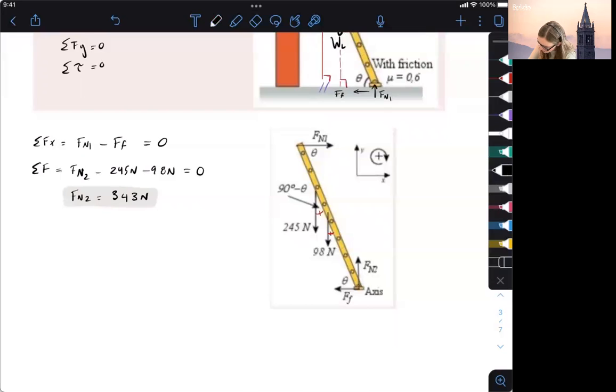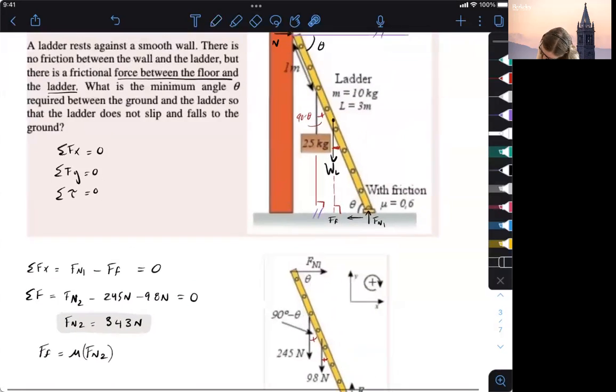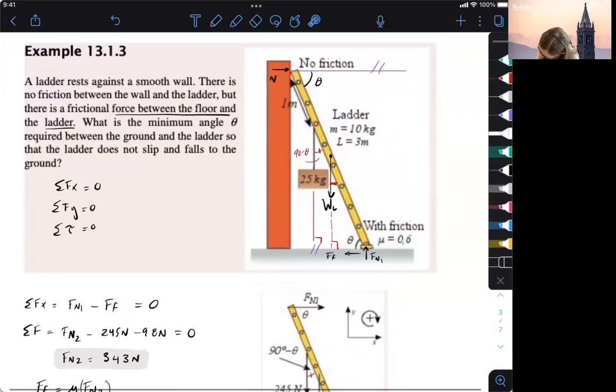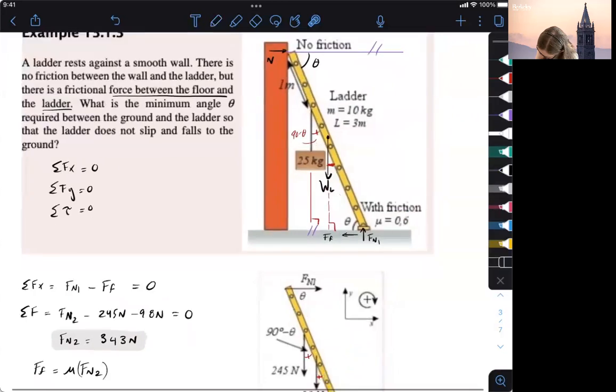But let's see, I can relate my frictional force here. Because it's acting on this surface, I have to take the normal force on its surface. I can say it's equal to mu Fn2, right? Because this is my normal force on this frictional surface. So I have Fn2 here, and the problem also gives me this mu value, 0.6.